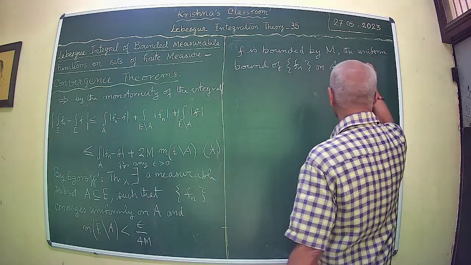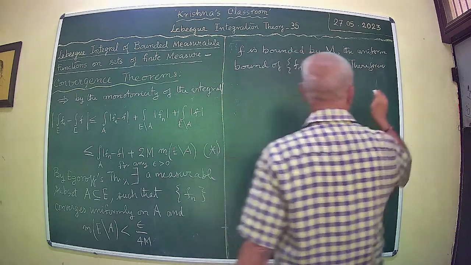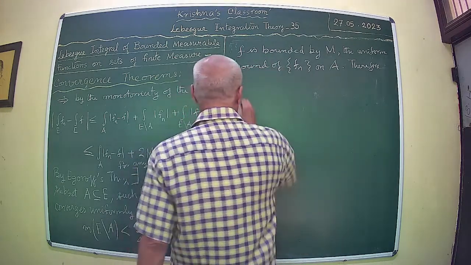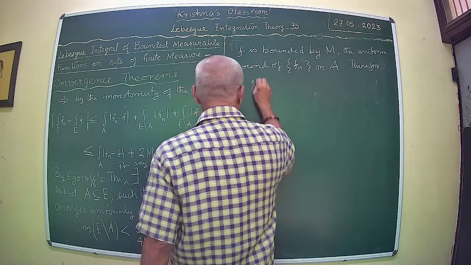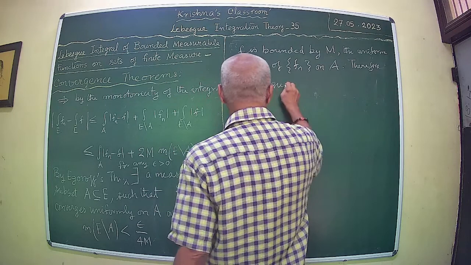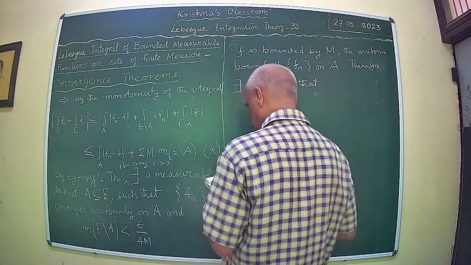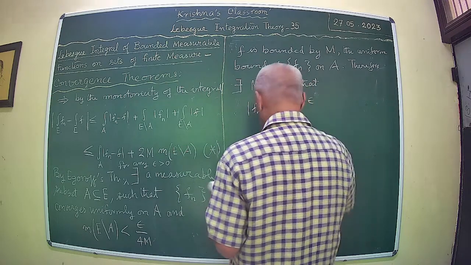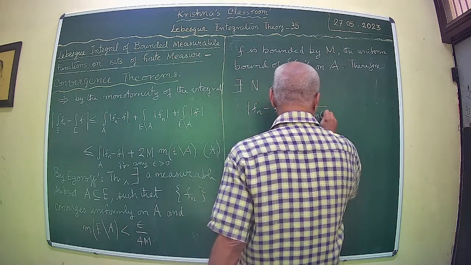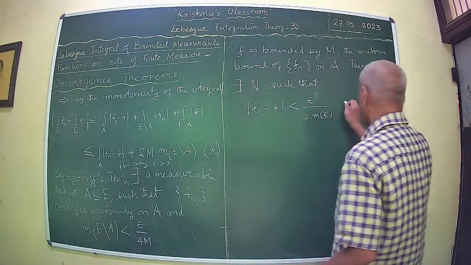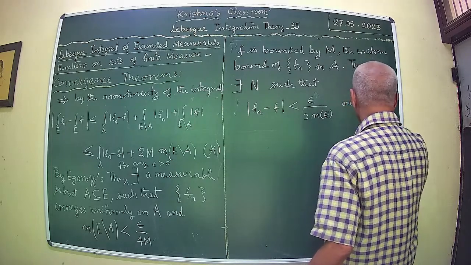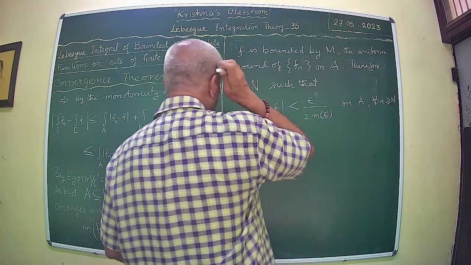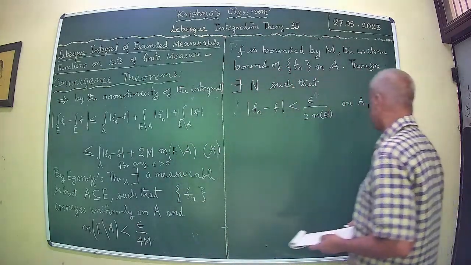Therefore, there exists N such that mod Fn minus F is less than epsilon divided by 2 times the measure of A, and this is on account of the uniform convergence of Fn to F, right?